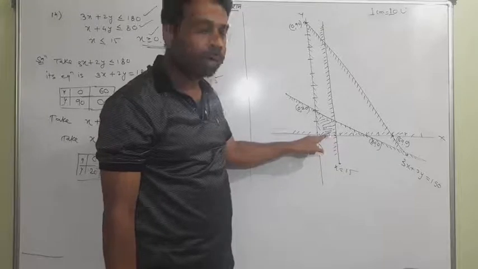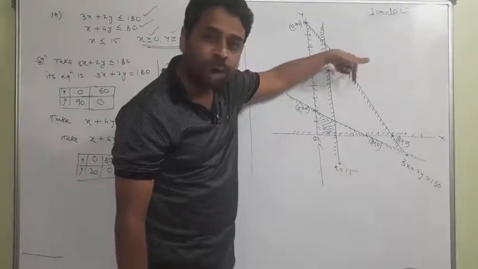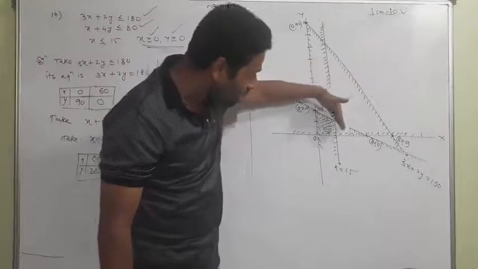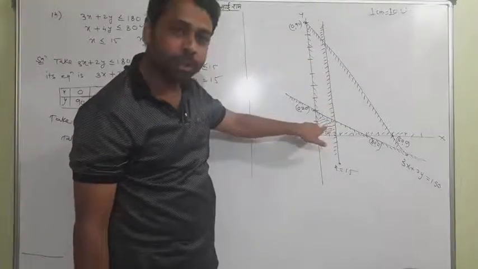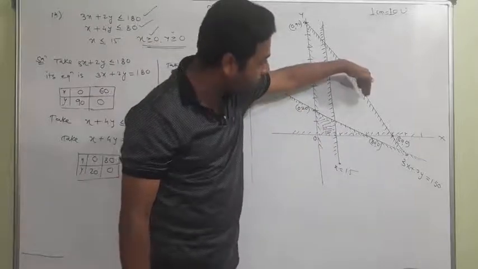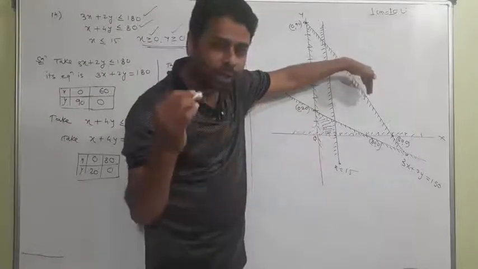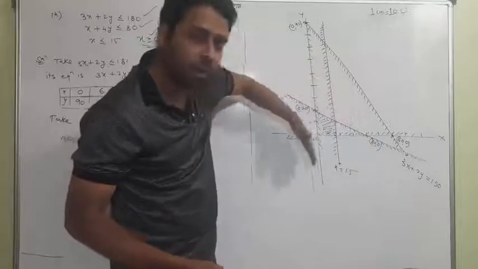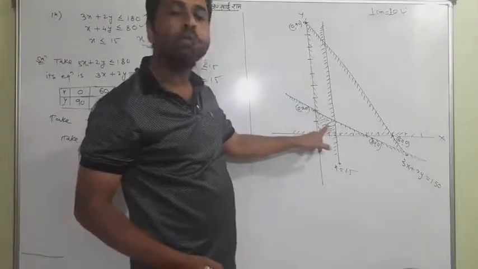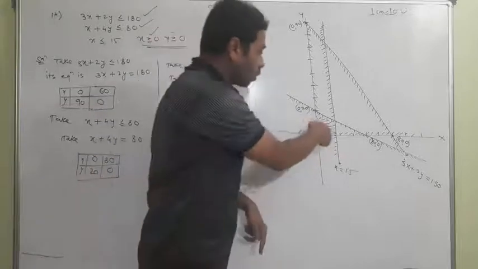But one should not forget that this line is away from this region, but the shading is towards the common region. When I draw it till half the plane, the shade will definitely cover this feasible region, this common region. So this is your answer.